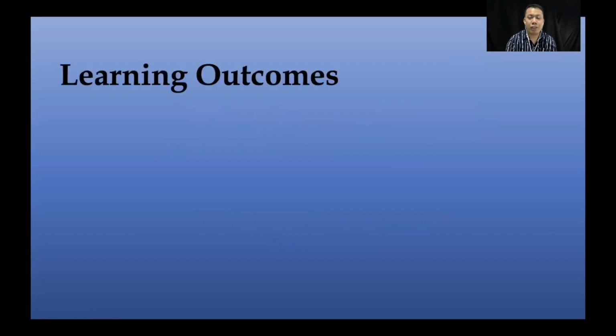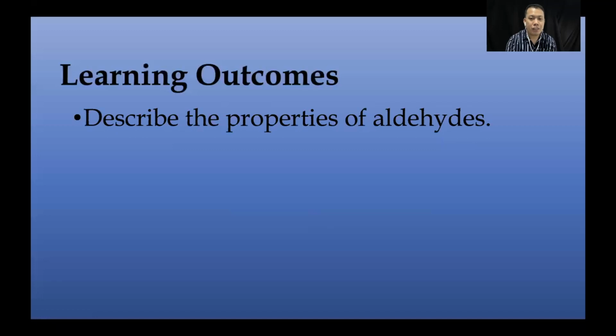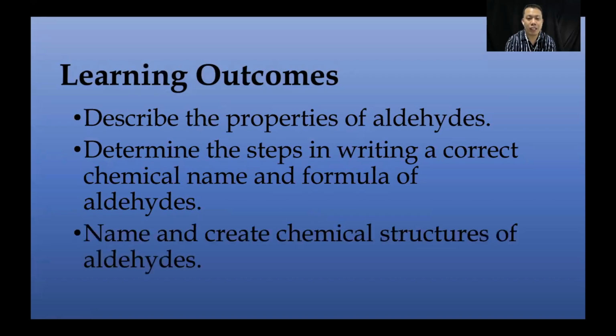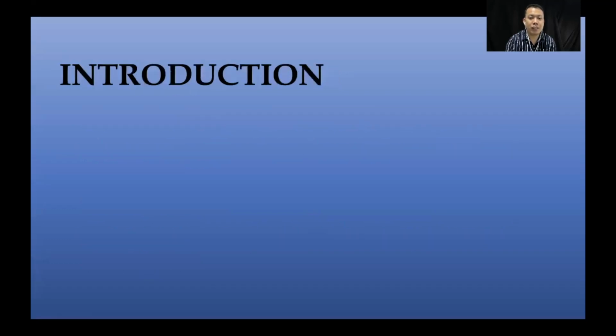For our learning outcomes, which will serve as your guide in this video, we have: describe the properties of aldehydes, determine the steps in writing a correct chemical name and formula of aldehydes, and name and create chemical structures of aldehydes.